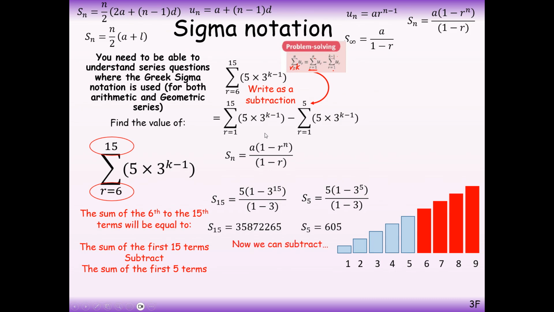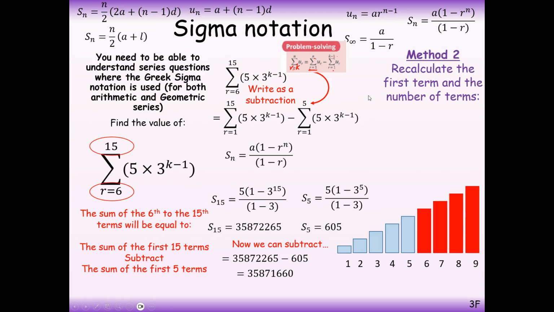Right, when you subtract the sum of 15 minus the sum of the first 5, you would get this number, 35,871,660. Now, the quick way of calculating this would have been to actually count A to be the 6th term.